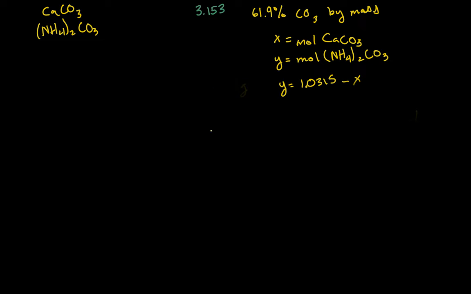So let's write this out. X times moles, and we'll write the formula weight out. There's calcium, times Y moles, and this is of ammonium, which is 18.04, but we actually need to multiply that by 2 again because of the stoichiometry here.